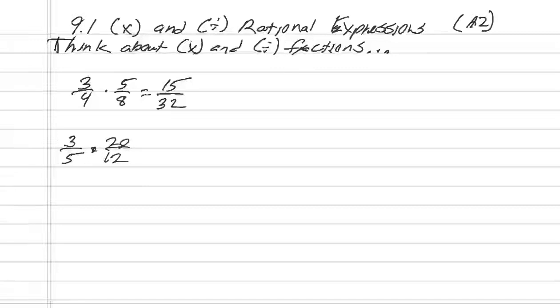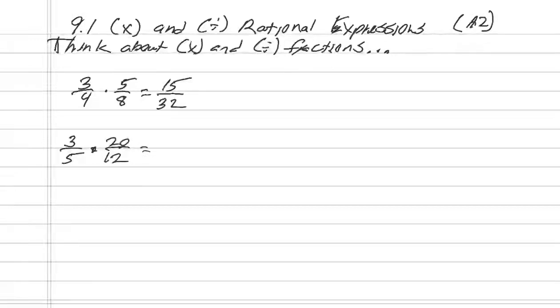You don't want to change that to a mixed number because that makes things a little bit harder. I think it's easier if you get them to an improper fraction. So you could reduce this to 10 over 6, and that you could reduce to 5 over 3 by taking a 4 out of the top and bottom. Or you can just multiply them straight across and then factor that out when you're done.